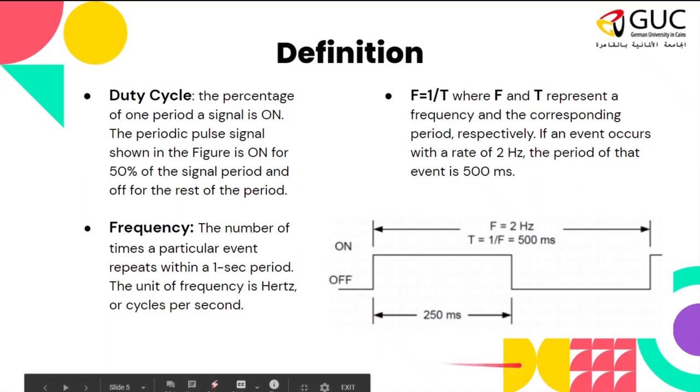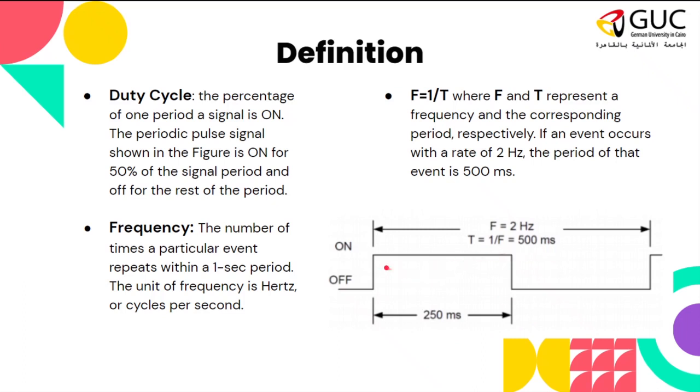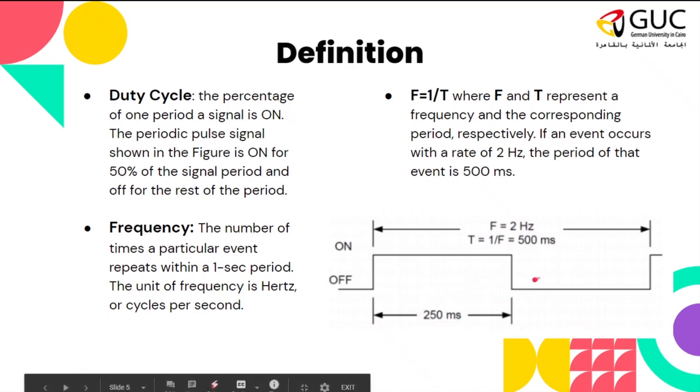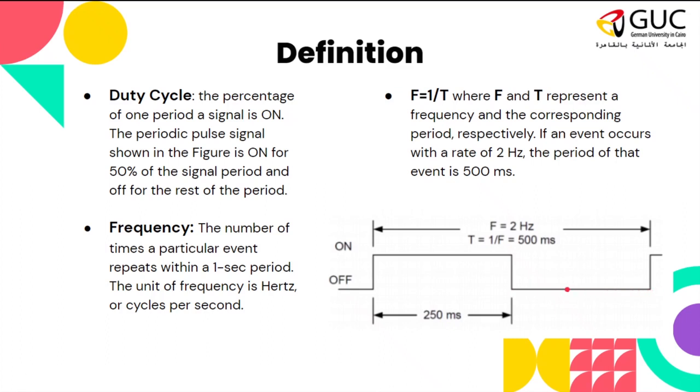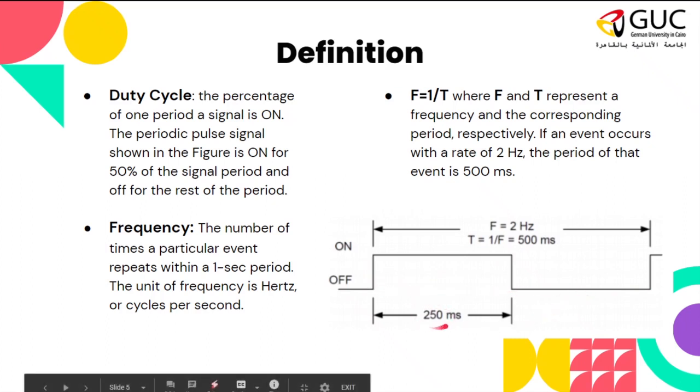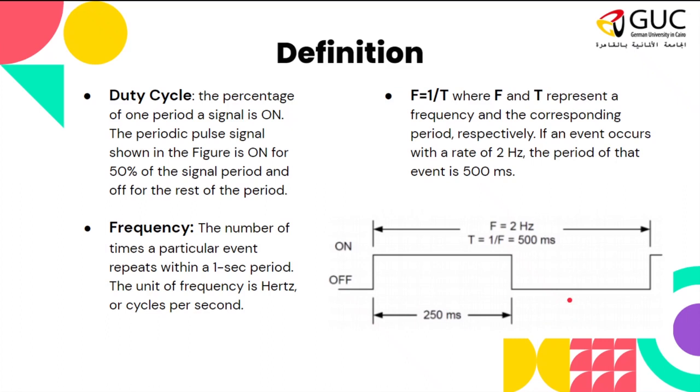As we can see in this figure, we have a period of 500 milliseconds, and the width, which is on, is 250 milliseconds and off for 250 milliseconds. So over one period of time, T being the period, we have 50% on and 50% off. So the first definition is the duty cycle: how long the signal is on versus off.